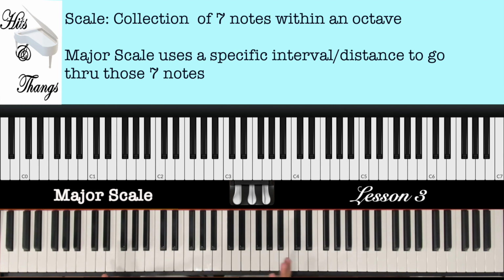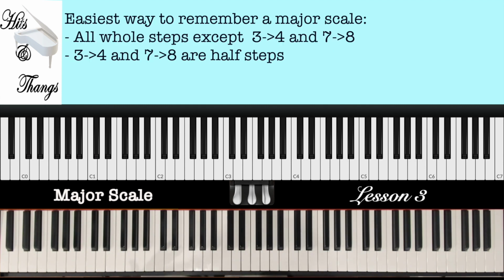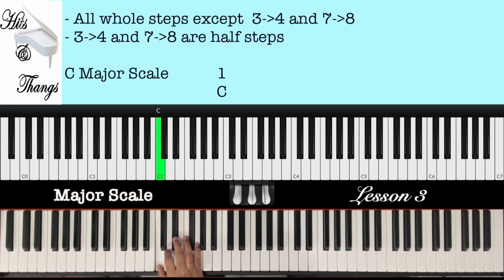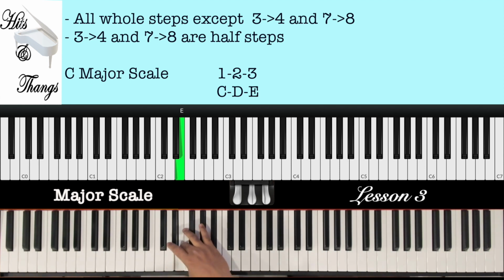Let's use the C major scale as our example, and then we're going to use another one after this. The sequence of the major scale is essentially you go whole step all the way, except between 3 to 4 and 7 to 8. Let me explain. We're going to go from here to here. C, and then a whole step, D, and then a whole step again, E. This is the third, then you go to the fourth, half step. From 3 to 4 is a half step.